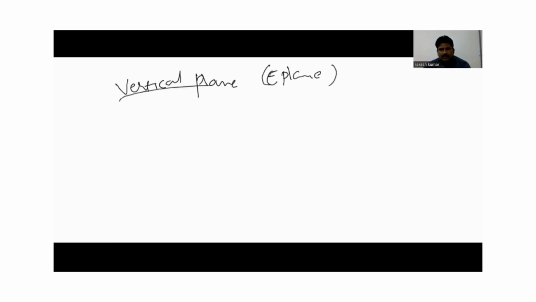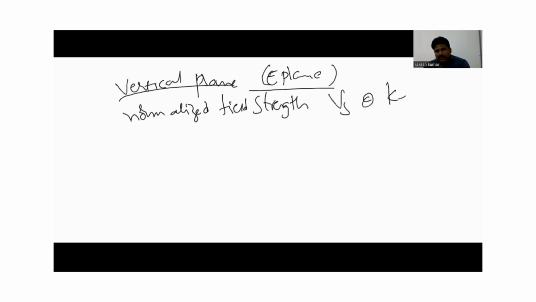What is meant by this vertical plane or E plane? The pattern which is obtained by plotting normalized field strength versus theta, keeping phi as constant, is called the vertical plane or E plane. We will discuss what is meant by normalized field strength in the next step.